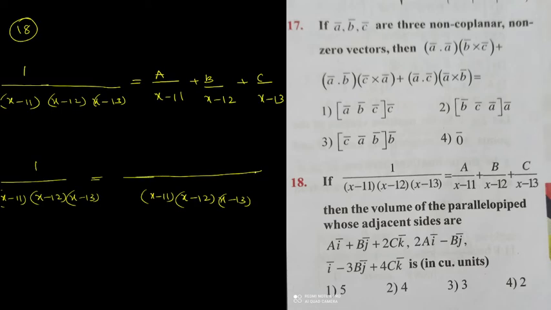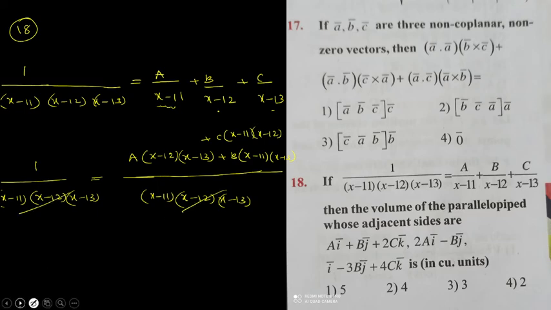Multiplying, a into (x minus 12)(x minus 13) plus b into (x minus 11)(x minus 13) plus c into (x minus 11)(x minus 12). This is the LCM; on both sides the LCM gets cancelled.